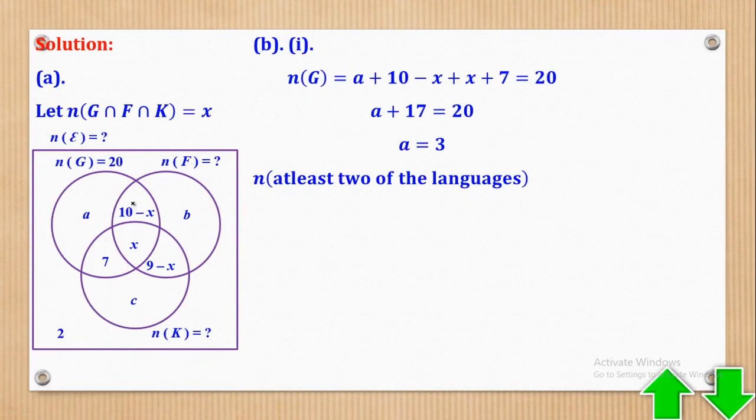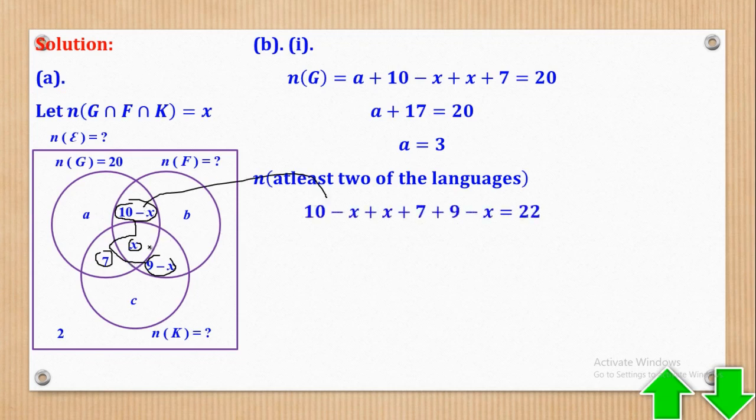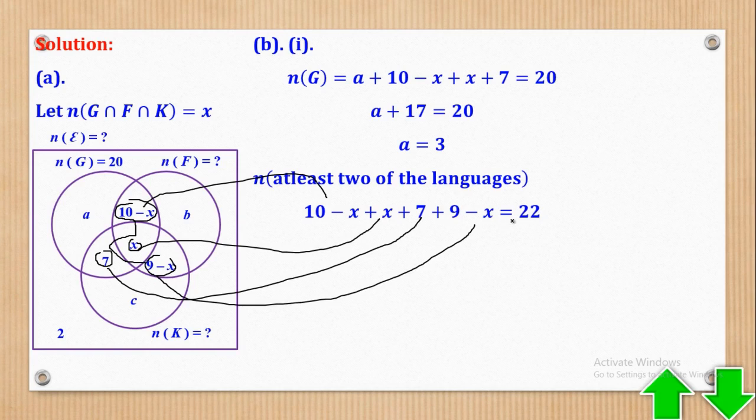What does that mean? These spoke 2, this one spoke 2, and this spoke 2, but this spoke 3. So when you add this to this to this to this, we shall be able to get 22. Therefore we shall add them: this 10 minus X is there, this X is here, this 7 is here, 9 minus X is here, and gives you 22.